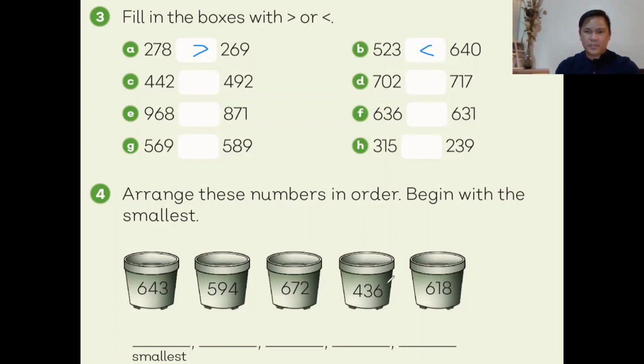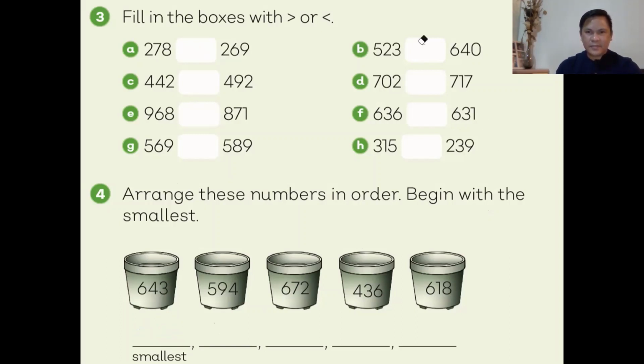So which one is the smallest here? 436 is the smallest. From the smallest going to the biggest number. Understand? Okay, let's erase this one.